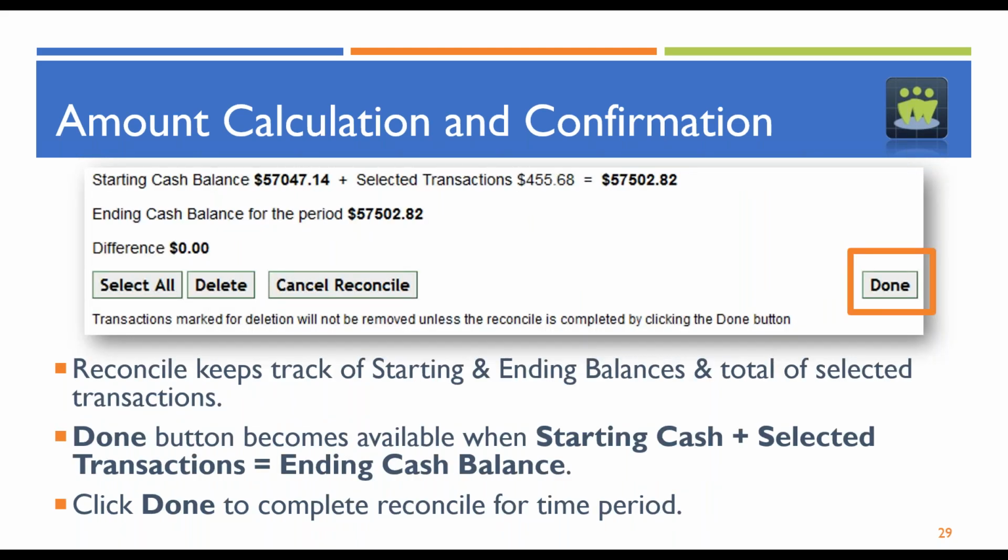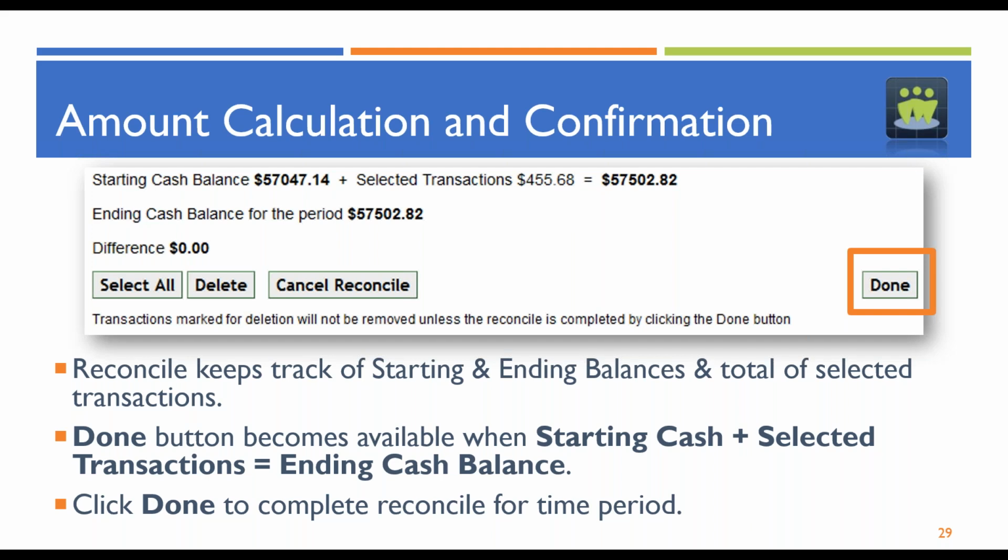So this is something that we really appreciate here, that the reconcile keeps track of the numbers you've put in. So you've got at the top here that starting cash balance plus selected transactions gives you an ending figure, and the site matches that against whatever ending balance you have put in. And once that difference gets to 0, then what you'll see on the site is the done button will light up.